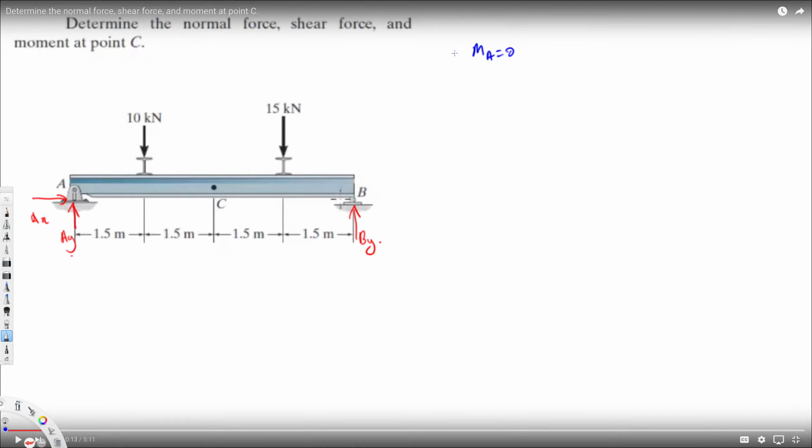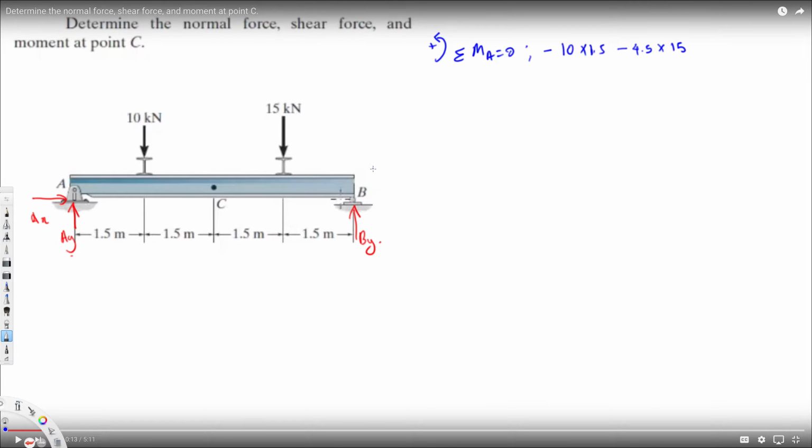If I take counterclockwise positive and solve for this one, it's going to be 10 times 1.5, and it's going to be negative because it's pulling this object clockwise. Minus 10 times 1.5, then we have 4.5 times 15, so it's going to be minus 4.5 times 15.